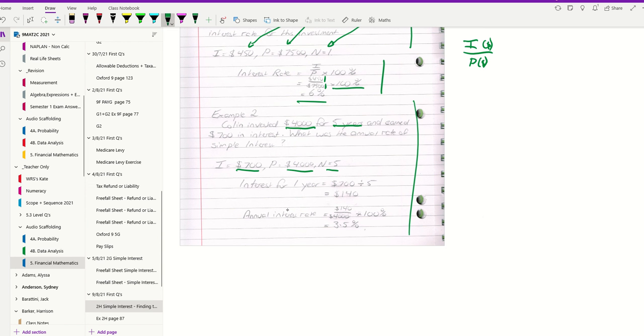Now, it asks us for the annual rate of simple interest, and that's our R. So what you can do is simply look at it. The interest for 1 year is $700 divided by 5. We earned $140 in 1 year. So the annual interest rate is going to be that $140 divided by what we've invested, which is 4,000, times 100%. We put that in our calculator and we get 3.5%.